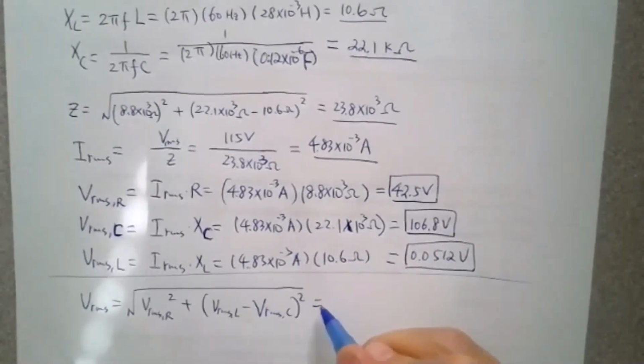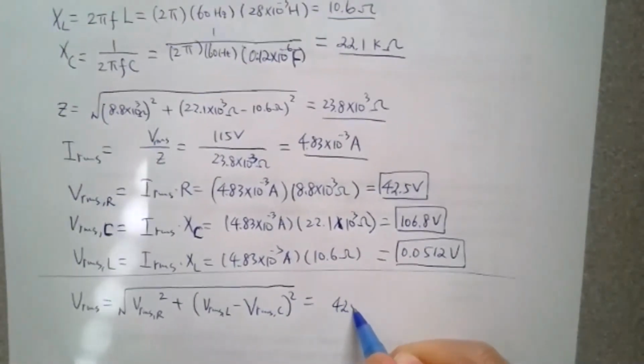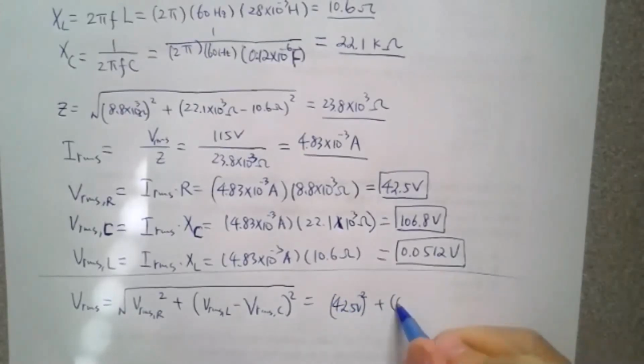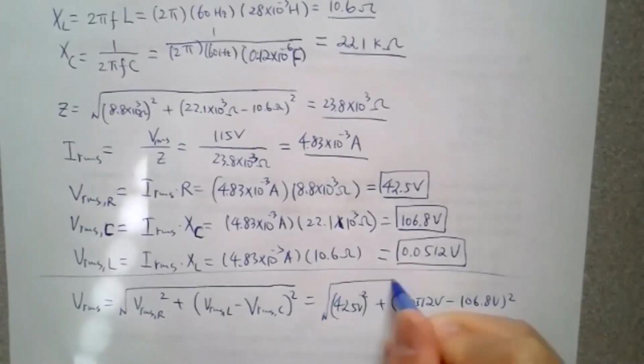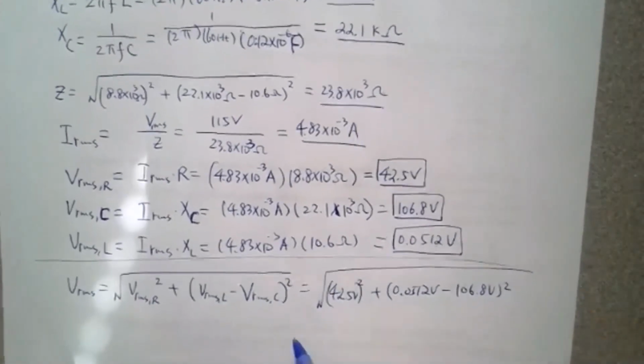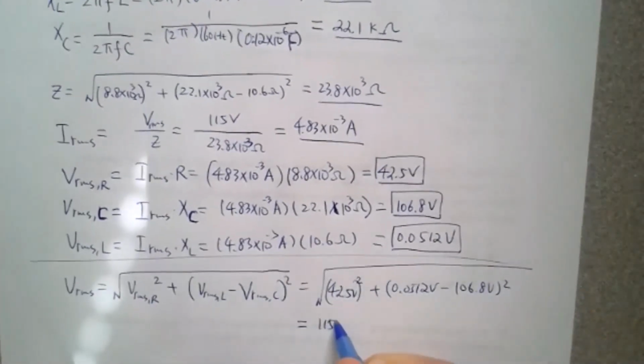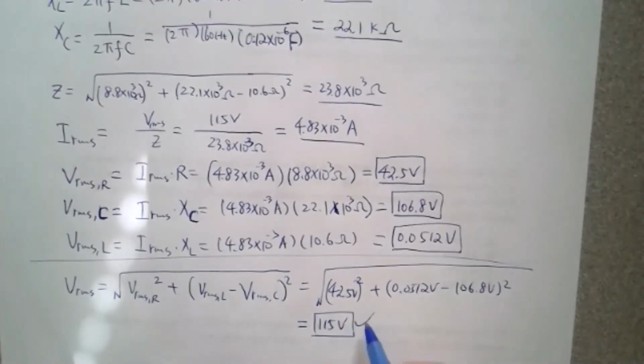Just double checking on what you get: 42.5 squared plus (0.0512 minus 106.8) squared, and then square root. That's going to be just exactly 115.